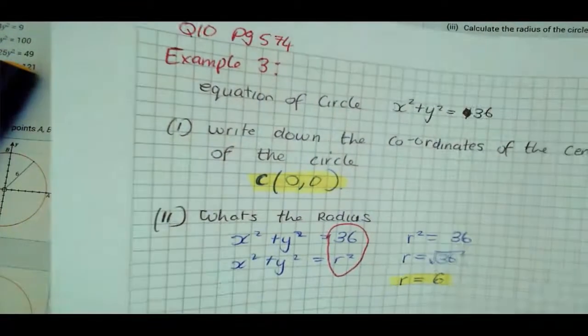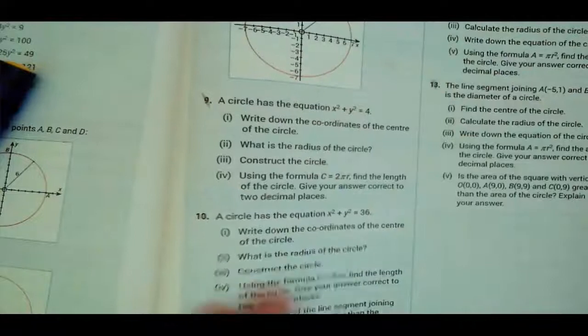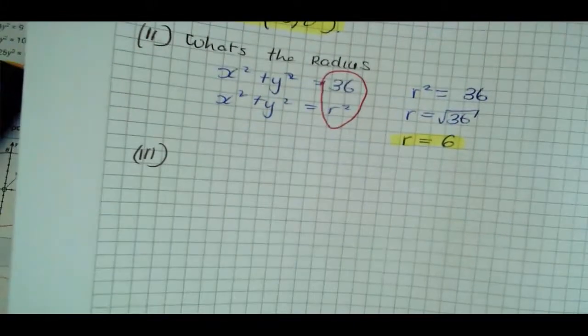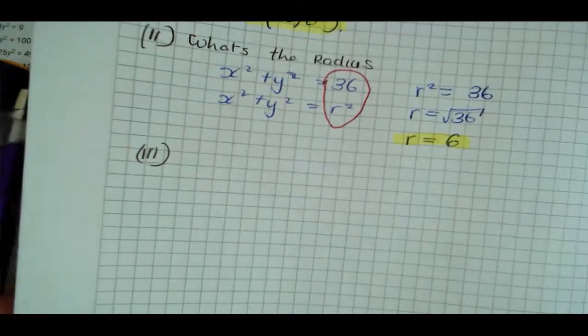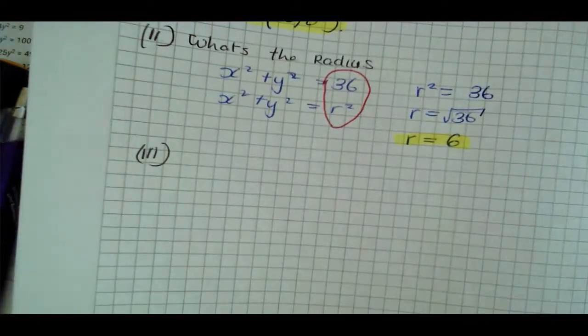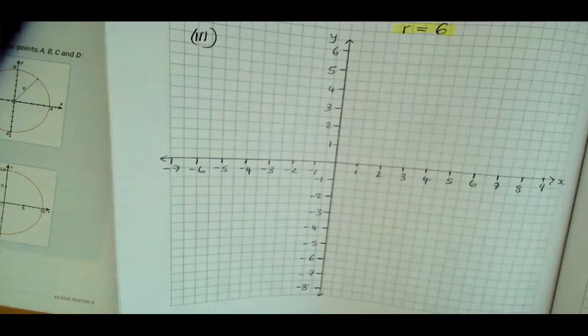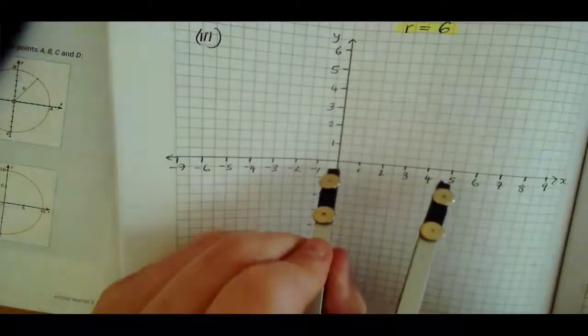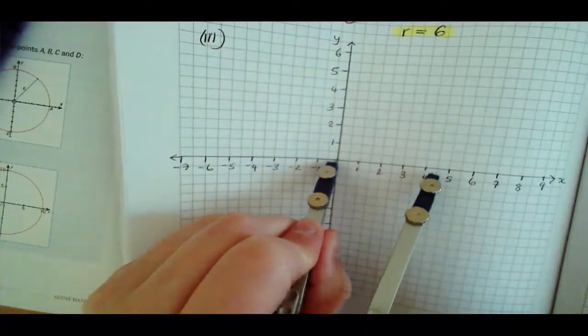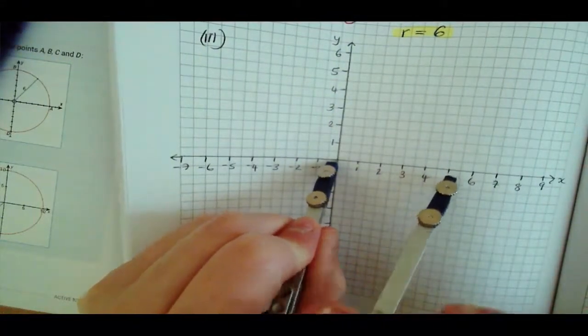And then part 3 asks us to draw the circle. So if we draw out our x and y axis, so there we have it there. And then we need to draw our circle. So we know the radius is 6. So we know from the center of the circle, we go out 6 units there.